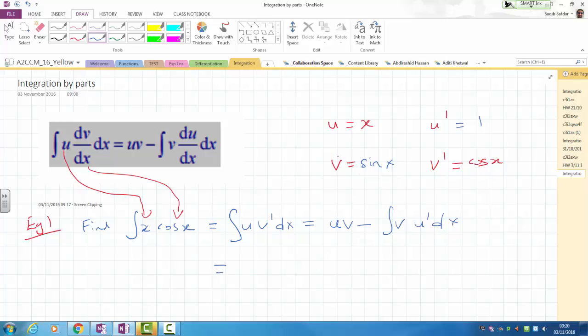And so then I'd simply do my substitution. U times v is x sine x, take away the integral of v, sine x, u prime is just simply 1.